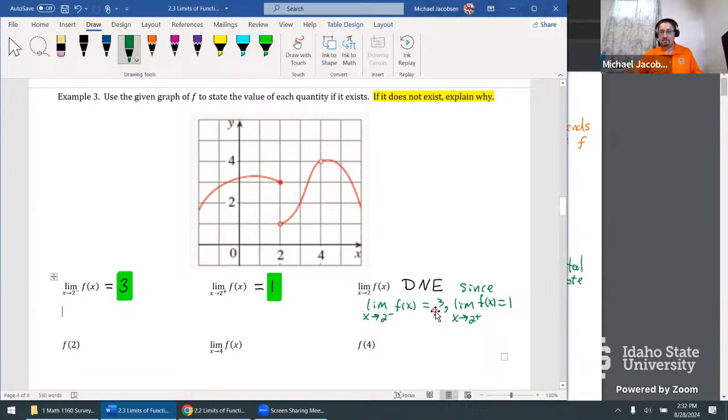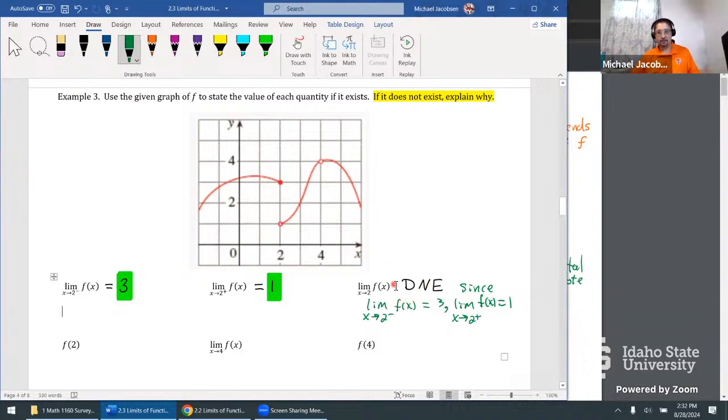If this is all you say, then to me that's a total explanation. It means you couldn't put a number on this one because there's 2 candidates. It's either 3 or 1. In other words, the direction mattered, and that's what forces a does not exist on the entire limit here at 2. Any questions at all, folks, on this third part right here?